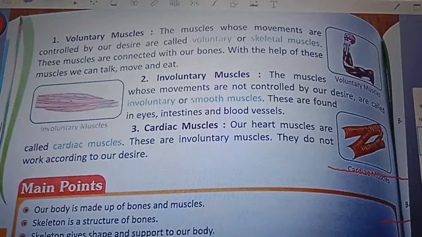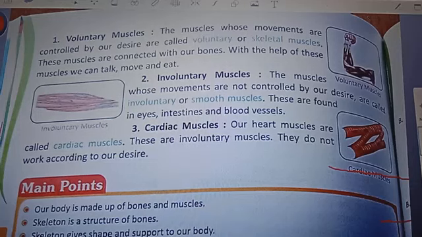The second one is involuntary muscles. The muscles whose movements are not controlled by our desire are called involuntary muscles or smooth muscles.